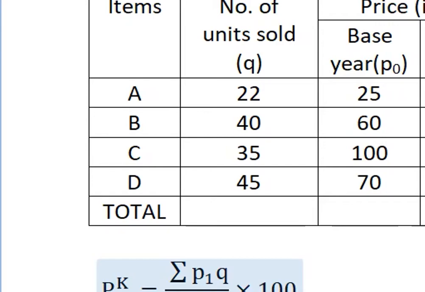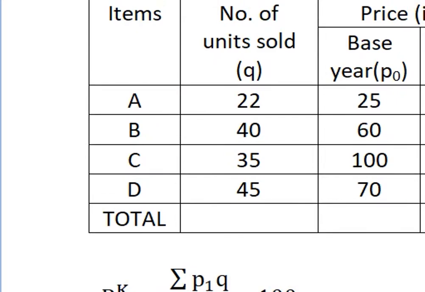So here you need to multiply P1 with the corresponding Q column value. Then you also need P0 multiplied to the corresponding value of this Q. Okay, you need a total of them. So now you need to make two more extra columns other than the problem, that is P0Q and P1Q.